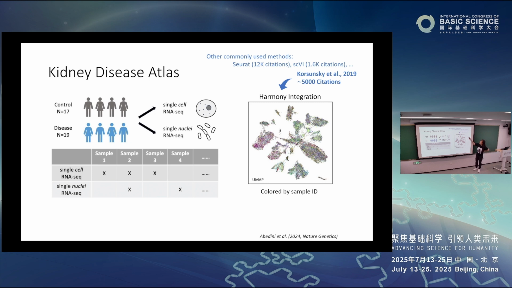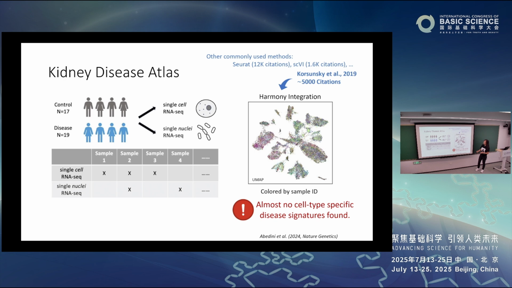The two that are among the most popular are called Seurat and Harmony. Seurat has like 12K citations despite being out for only a few years, and Harmony also has about 5,000 citations. So these are very popular methods. She tried Harmony's integration, and it did give her a beautiful UMAP with clusters that should represent the cell types.